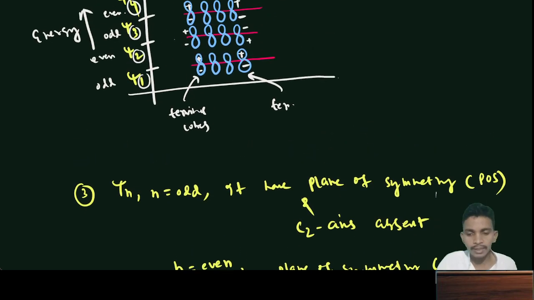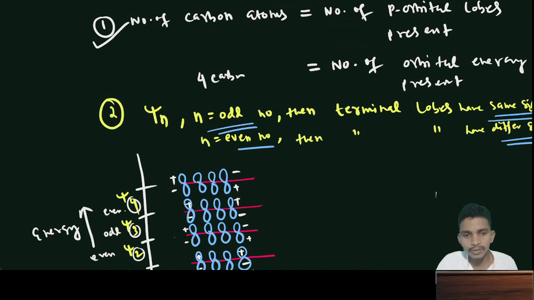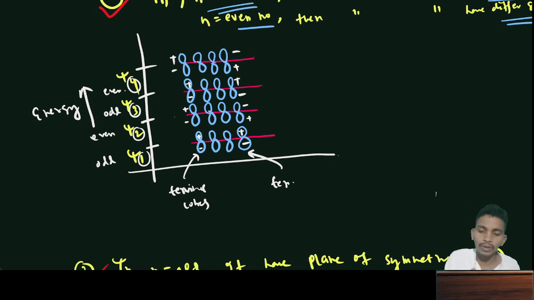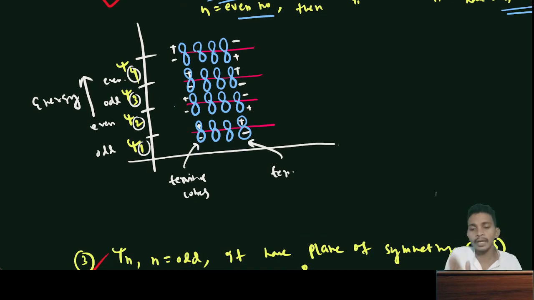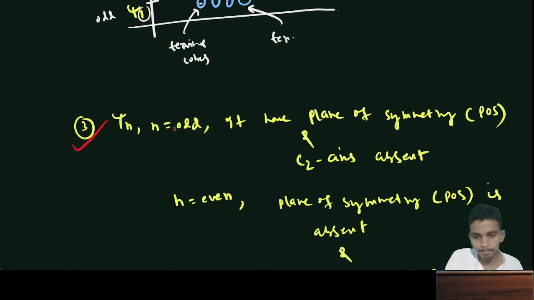So these are the three points you have to remember: first is that, second point is that, and third point is this. If you use these points, then you will be able to draw the MO diagrams for any carbon atoms. So now, if n is odd, then it has the plane of symmetry.